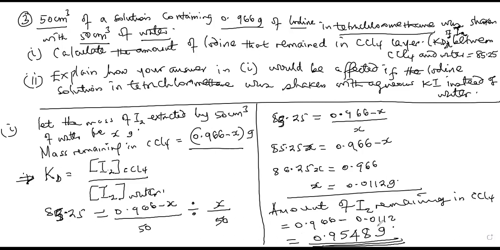Very interesting question. Part 2 is saying, how would your answer in 1 be affected if the iodine solution in tetrachloromethane layer was shaken with aqueous potassium iodide instead of water? You're having this answer, 0.9548. Will the answer reduce or will it increase? My answer is it would reduce. Why? Remember we are replacing water with potassium iodide.